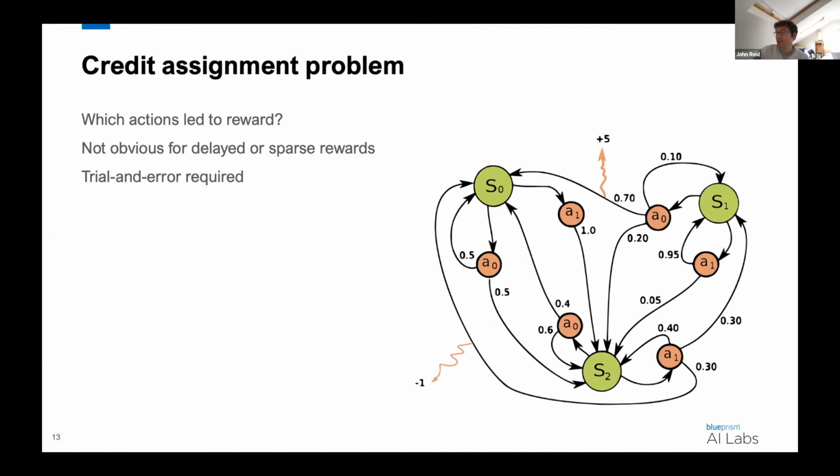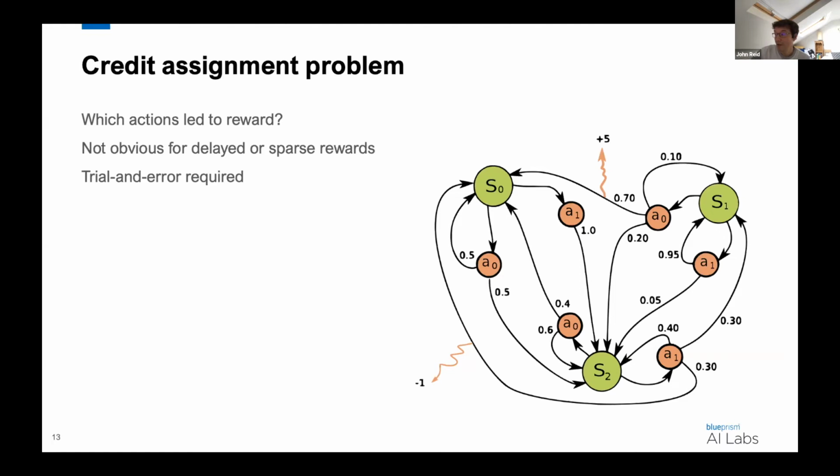So if we look at the cartoon, we can see that there's two rewards. At the top, there's a +5 reward coming from the transition between S1 and S0 via action A0. And there's a -1, a negative reward coming from the transition between S2 and S0 via action A1.